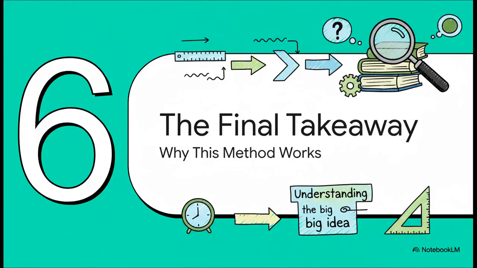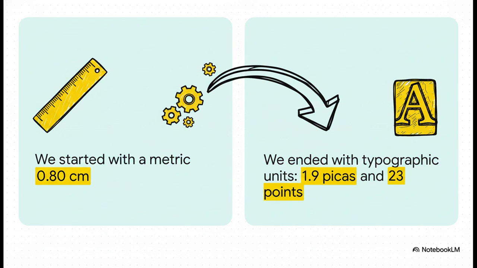So we got the answers, which is great, but let's take a second to talk about the big idea here. Let's look at the final takeaway and really understand why this step-by-step method is so powerful and reliable. So let's just recap our journey for a second. We started with a pretty simple metric measurement, right? 0.80 centimeters. And we successfully translated into a totally different system that's used in publishing, ending up with 1.9 picas and 23 points.